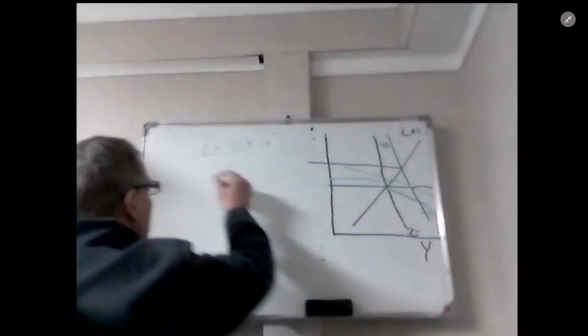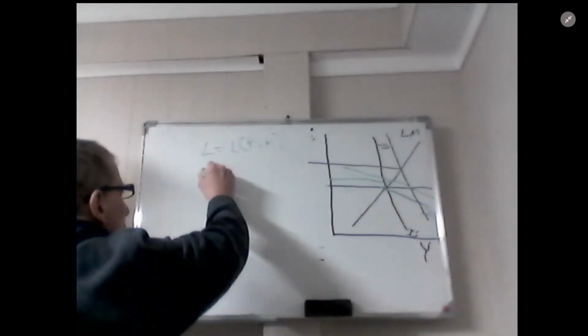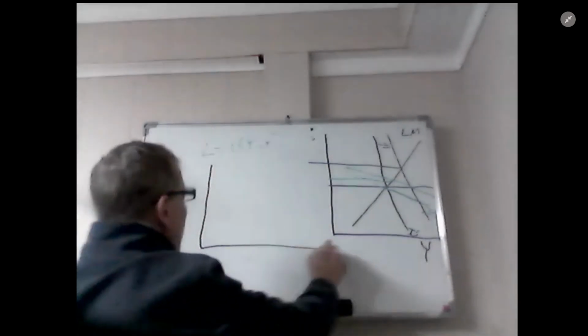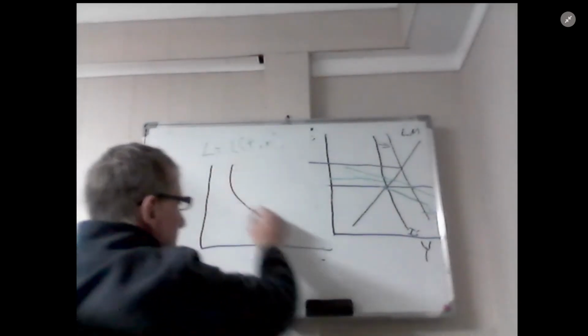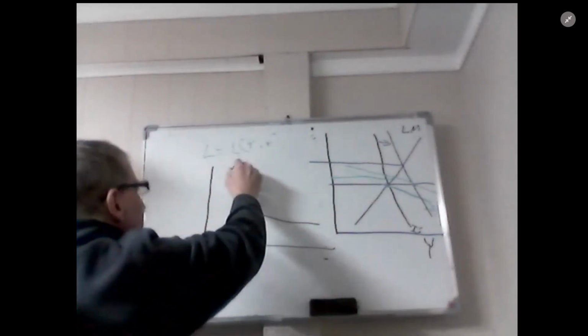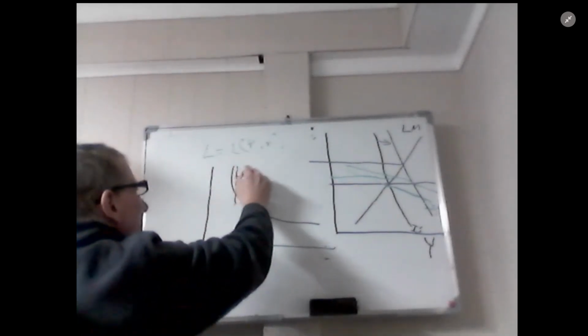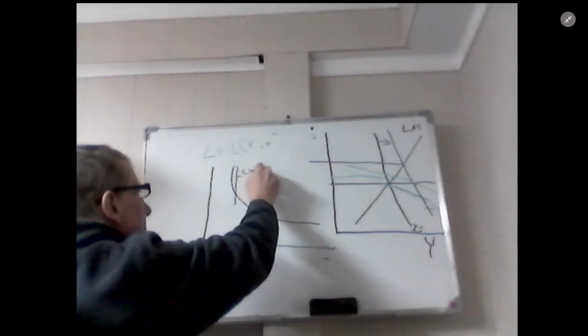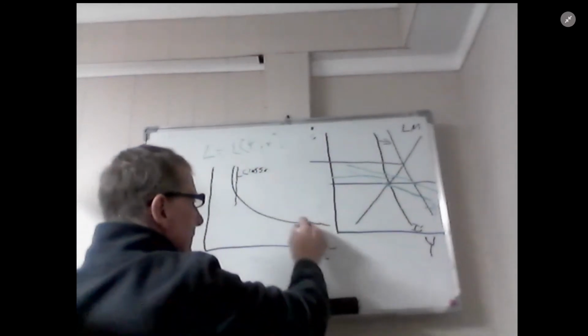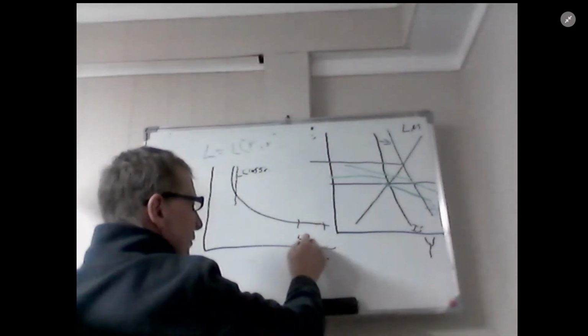Okay. We'll see that, for instance, if we have a demand for real balances that looks something like this, this is sometimes called the classical case. And here, when it's really flat, it's called the liquidity trap.